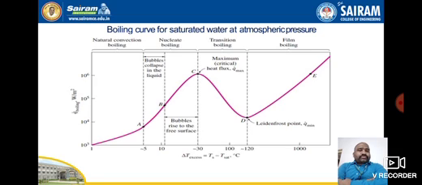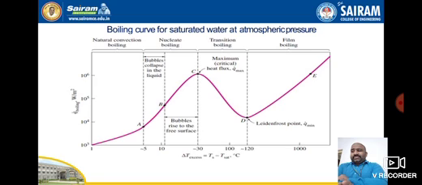Initially the water is, suppose, in a solid state like ice. In this diagram we can understand that when the surface of the liquid is exposed to the atmosphere and is maintained at a temperature above the saturation temperature of the liquid, boiling may occur.